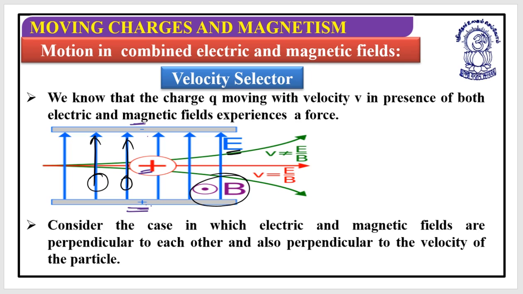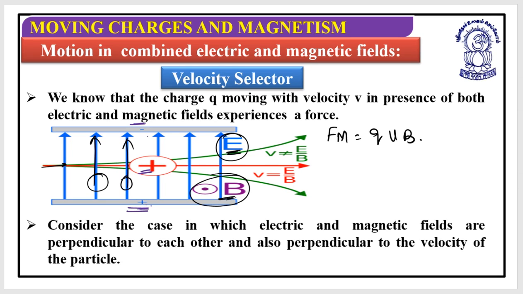I have kept the magnetic field represented as a dot, which means the magnetic field is outside the plane. Now my charge enters through the region where the electric field and the magnetic field are both there. So it experiences two forces, electric force as well as magnetic force. The magnetic force is q into v into B.